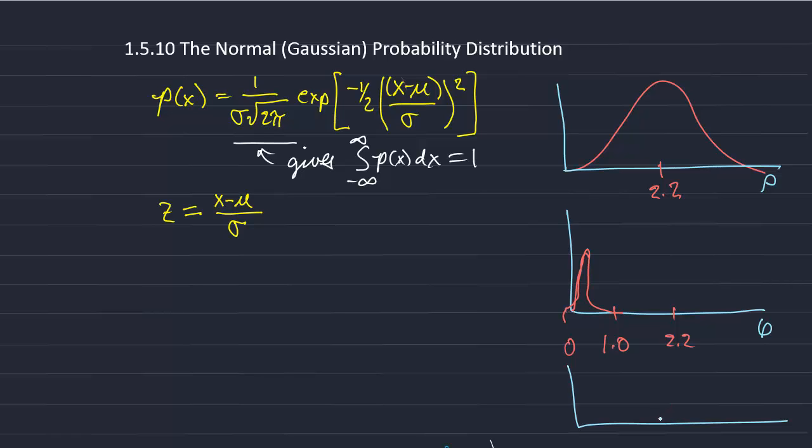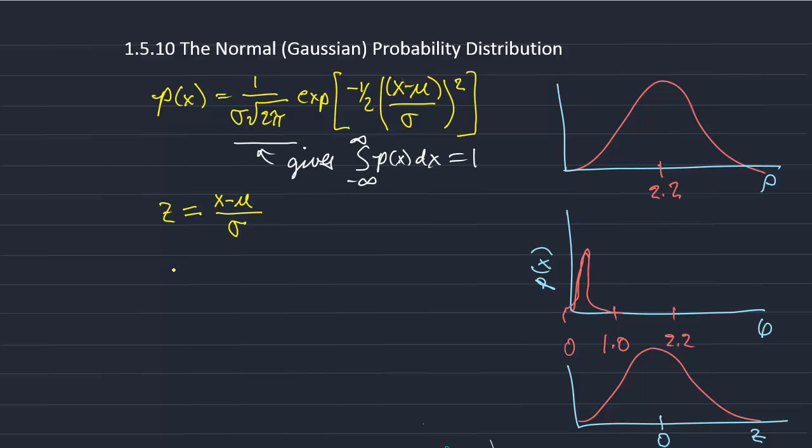They would be centered on 0, and they would both plot on the same curve when the horizontal axis is z. And I forgot to write that what's on the vertical axis of all these plots is little p, the probability density function.